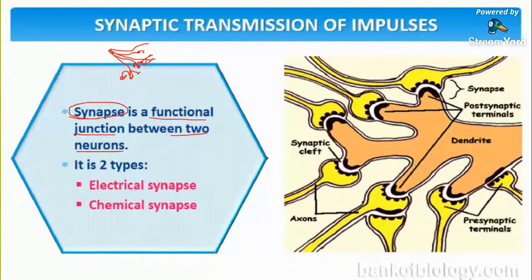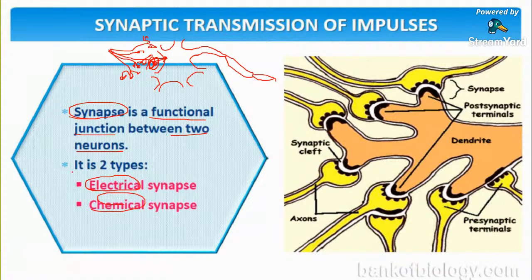Below this axon terminal you will have another neuron. So the nerve impulse has to pass from one neuron to another. There are mainly two types: electrical synapse and chemical synapse.